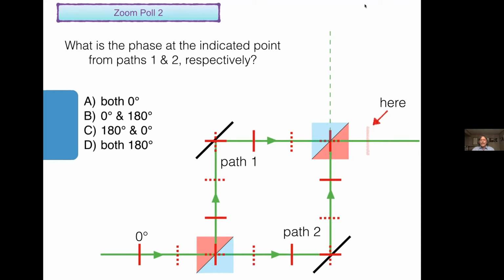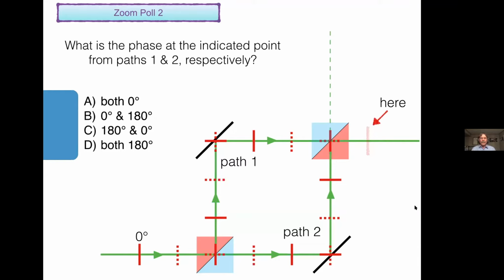I see there's a chat question. There's no phase shift when the light transmits. In either orientation, when it transmits, there's no phase shift. You only get a phase shift possibly if it reflects.